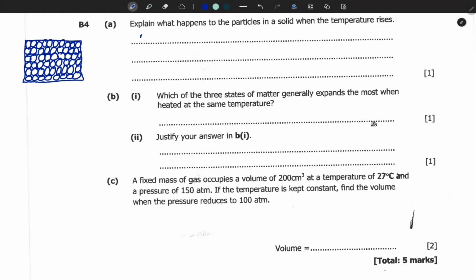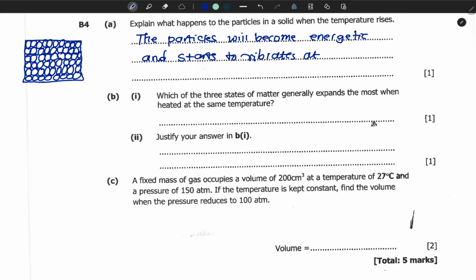So we'll say the particles will become energetic and start to vibrate at a fixed position.